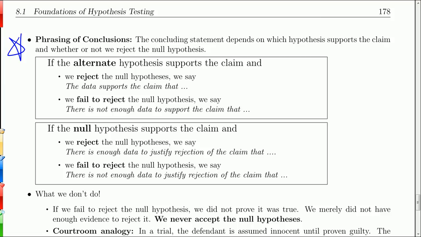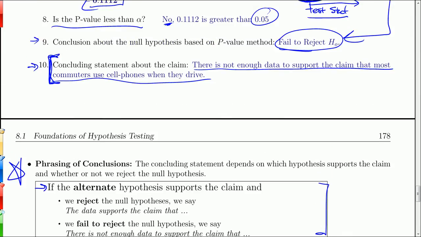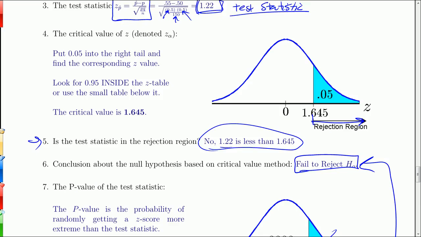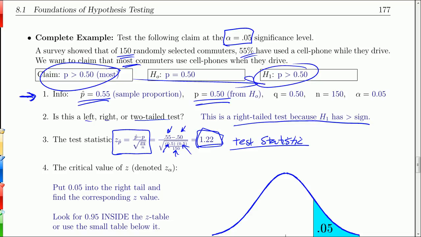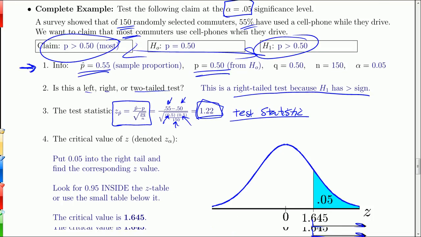If the alternate hypothesis supports the claim, which is what that example was, then we're going to use this box. So from this previous example about the cell phones, the alternate hypothesis and the claim are the same. So we're in that first box.